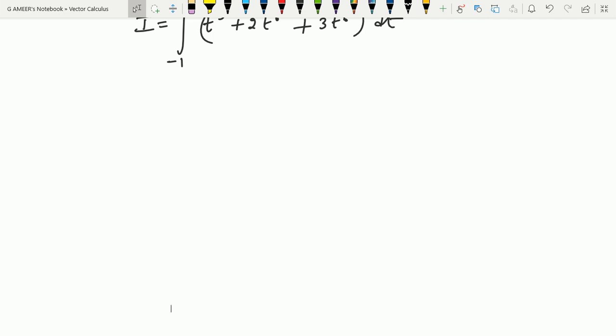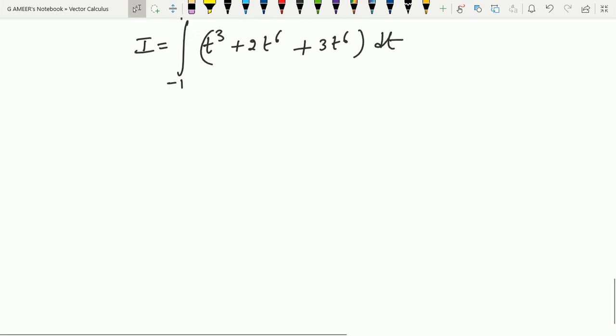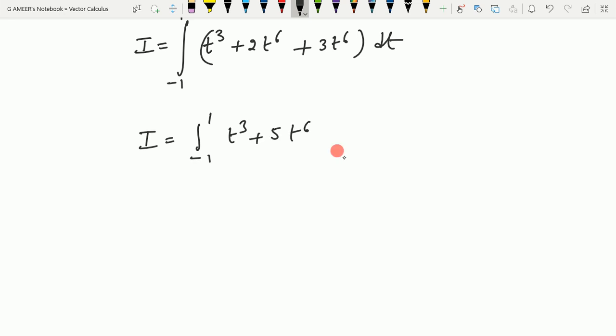So what is the integration of t cube? The integration of t cube is t power 4 by 4. So finally, I is equal to the integral from minus 1 to 1 of t cube plus 5t power 6 dt.